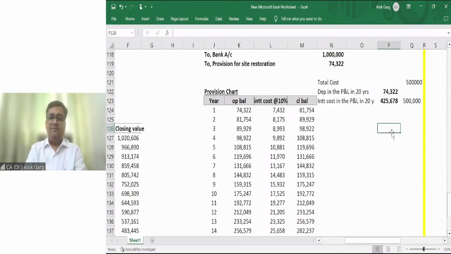Nisha, is that okay? 74,000 you have charged in the P&L as a depreciation. 4,25,000 you have charged as an interest cost. Is it okay? Very simple.